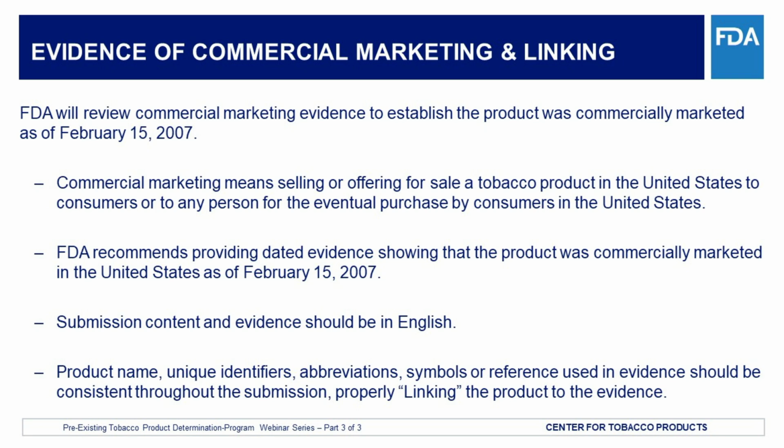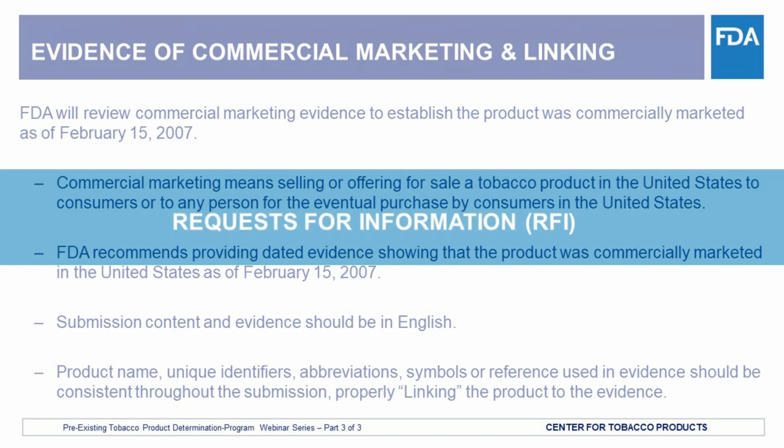The name and identification should be consistent throughout all documents and should clearly identify the link between any abbreviation, symbol, or reference used in the evidence. FDA recommends that unique identifiers be listed in the same manner as when they were marketed in the United States on February 15, 2007. Additional information or explanation about the product in the evidence may also be helpful.